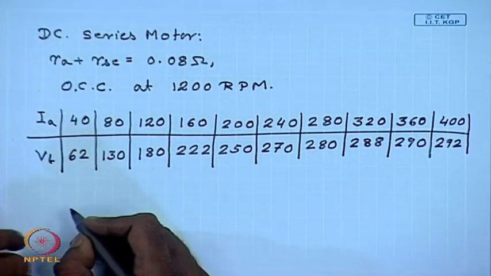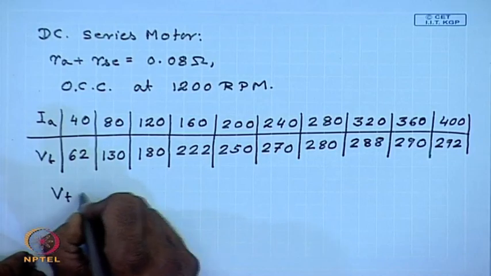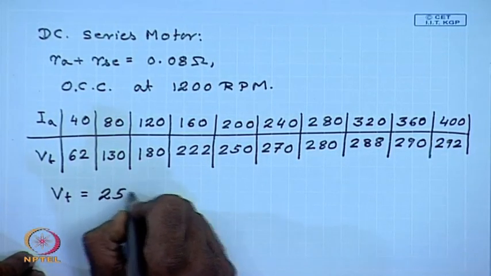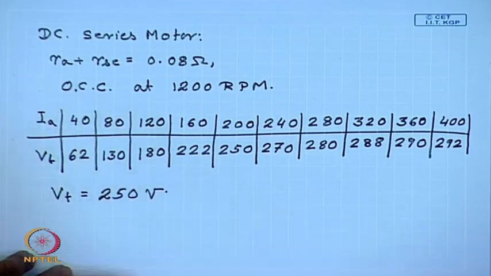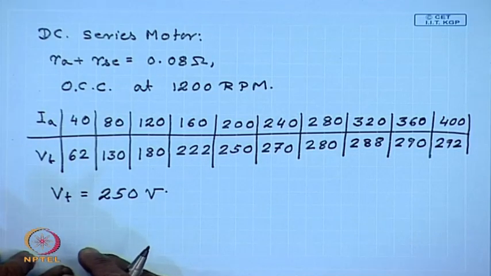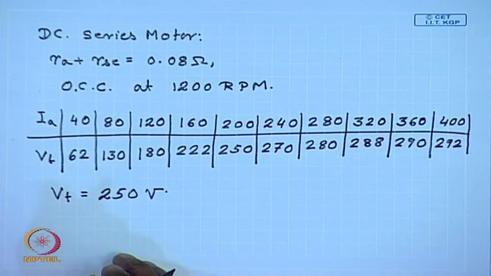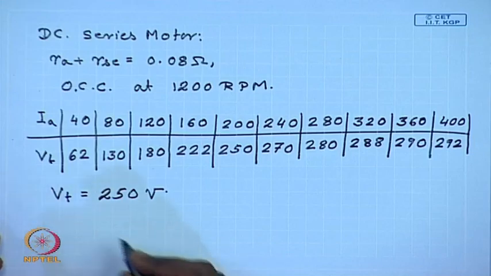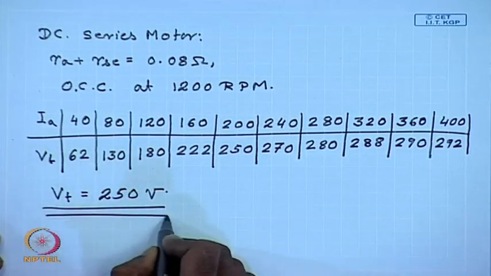Suppose this is connected to a voltage source of 250 volts. How do I find out the torque speed characteristics of this machine from the given data?